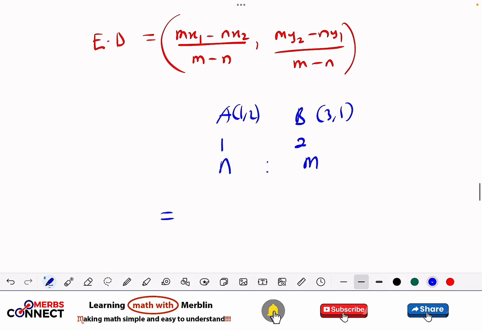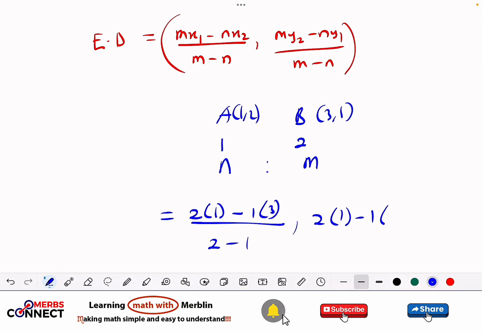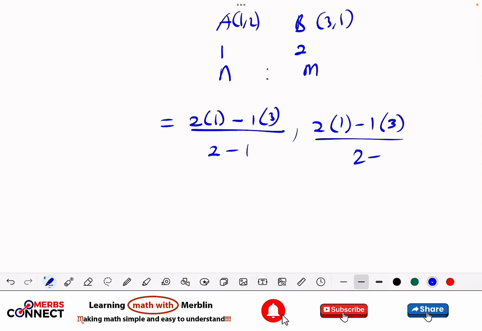So let's go. M is 2, so 2 times 1 minus 1 times x2 is 3, good, divided by 2 minus 1, and then m is 2, y2 is 1, minus 1, and then y1 is 3, I think so, yeah, and this one will be 2 minus 1.